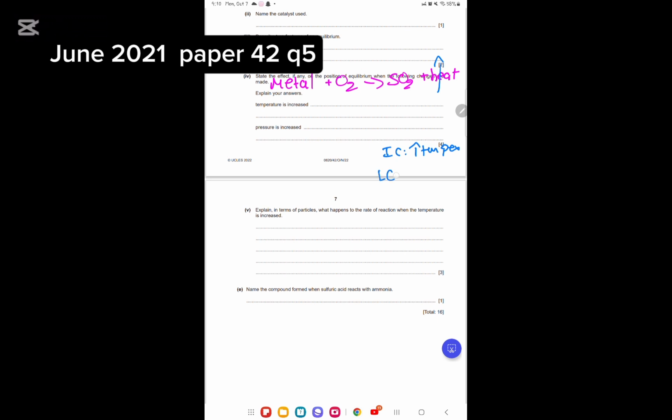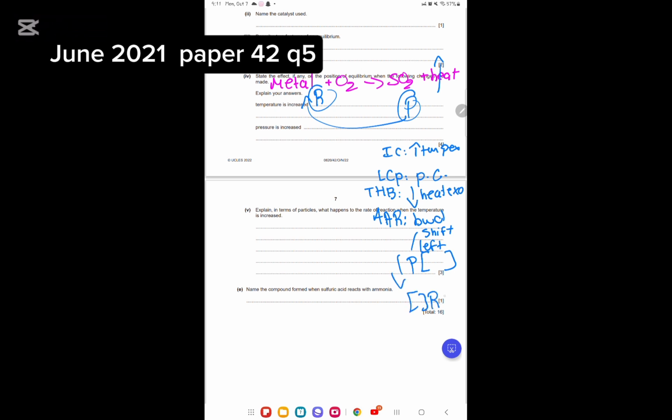According to Le Chatelier's principle, there will be a partial counteraction. This happens by decreasing the heat or the temperature, and as a result, to decrease the heat, our products will have to give heat to our reactants. So it will be a backward shift, or a left shift, and the concentration of our products will decrease, whereas the concentration of our reactants will increase.